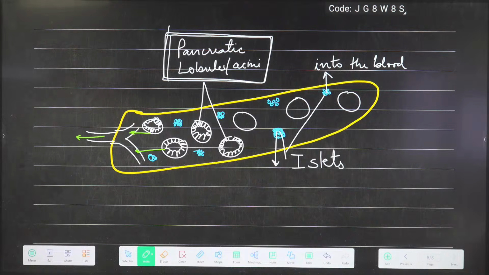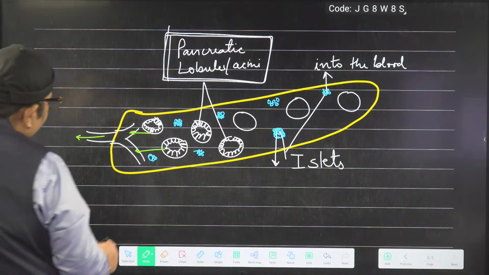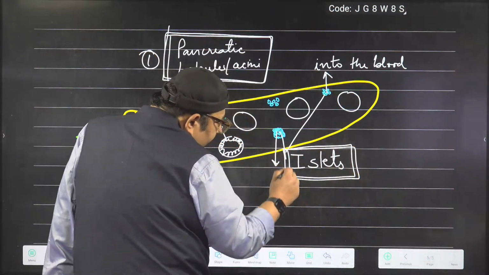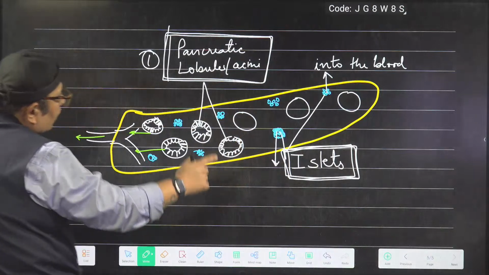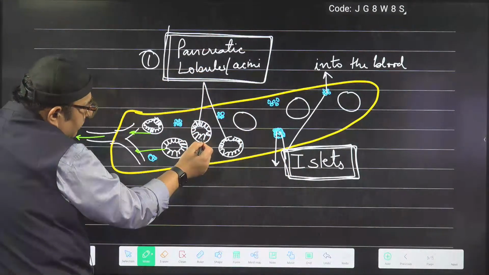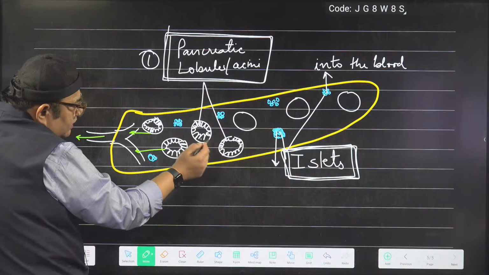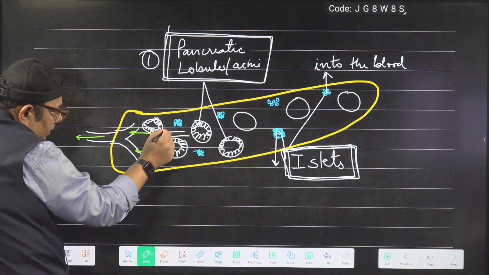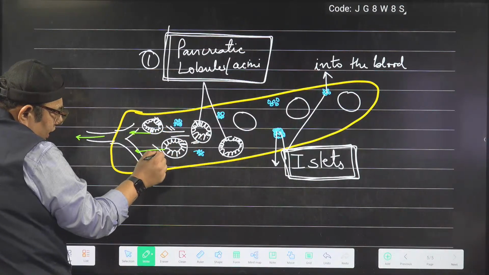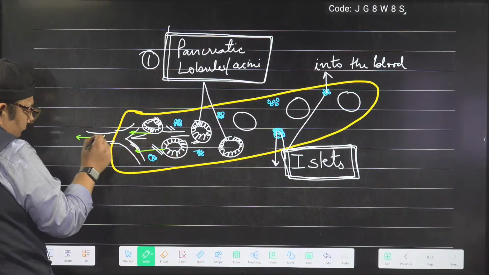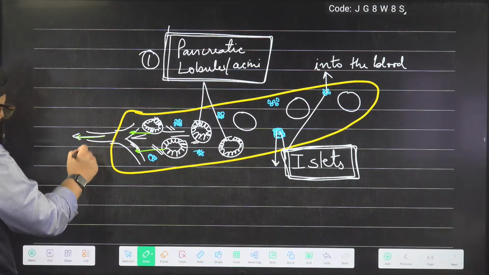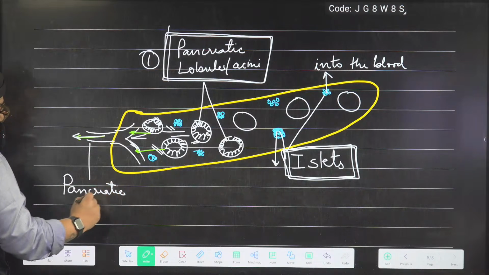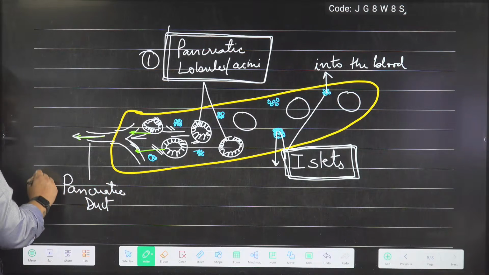Now, can you tell me, out of the two things that you see here, one is lobule and one is islet, do you notice any basic difference in the two types? I already told you that this is epithelium, and these are also cells of epithelial origin, producing the secretion and releasing it into a common duct, and the common duct ultimately drains into the main duct, which brings the secretion out of the pancreas through the pancreatic duct. So this one is the main pancreatic duct, MPD.